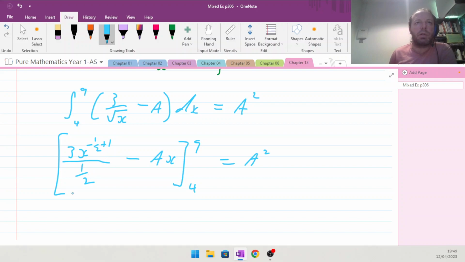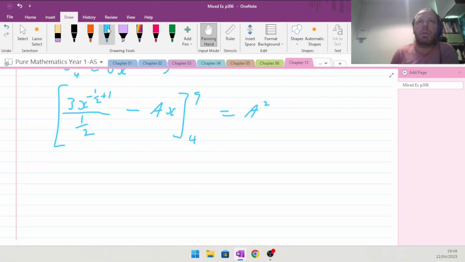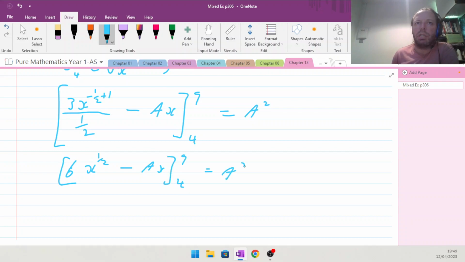So this one here, the dividing becomes multiplied by 2, so that's a 6. So we end up with 6x to the power of a half minus ax between 9 and 4 equals a squared.